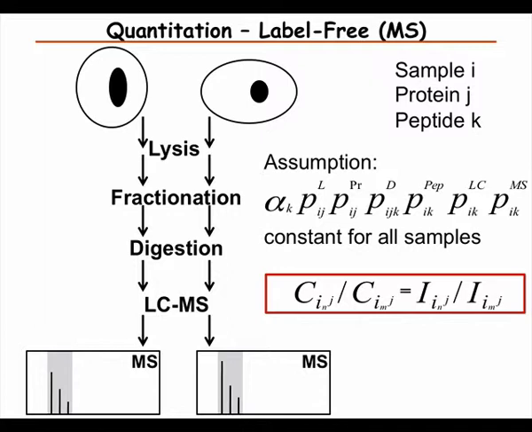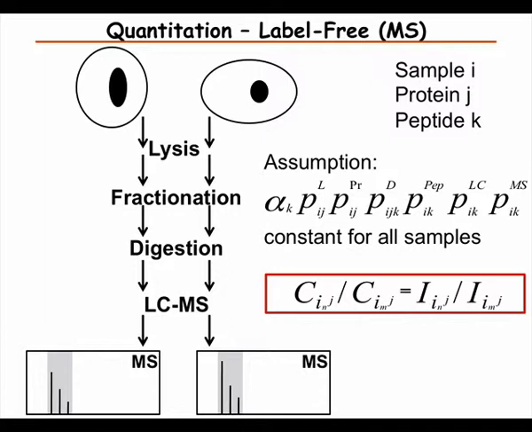Let's say you want to run 100 samples and it's going to take you 3 months to keep all the conditions, the columns in the same shape and not going bad, the temperature in the room, the humidity, all that matters. But if you can do it, and usually with label-free people just do smaller experiments, a few samples that you can run during a day, maybe.